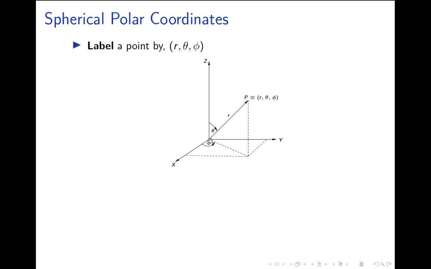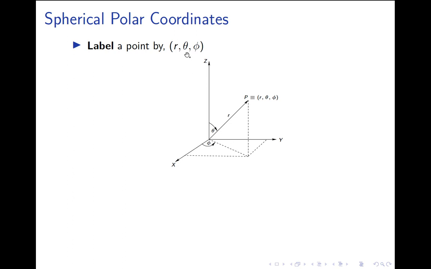So the distance from the origin is the radius, r, and this angle theta from the z-axis is sometimes known as the co-latitude, because it is the complementary angle to the latitude. So latitude would be this angle made with the xy plane, and then this is 90 minus that latitude.